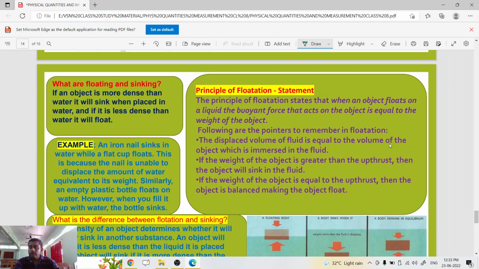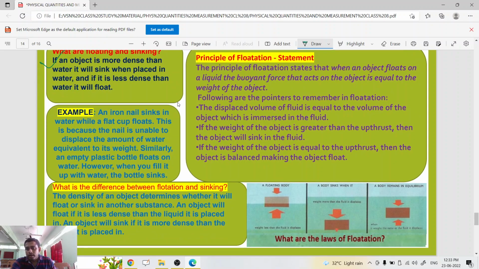Floating and sinking. If the density of the object is greater than the density of water, that means the relative density is greater than 1, that's why the body will sink. So if the object is more dense than water, it will sink when placed in water, and if it is less dense than water, then it will float.